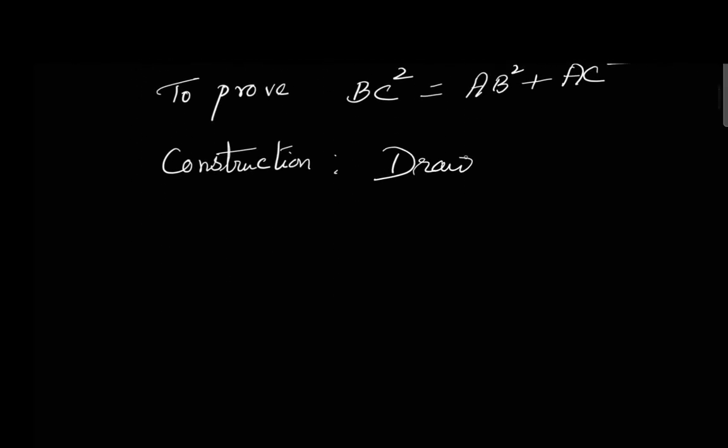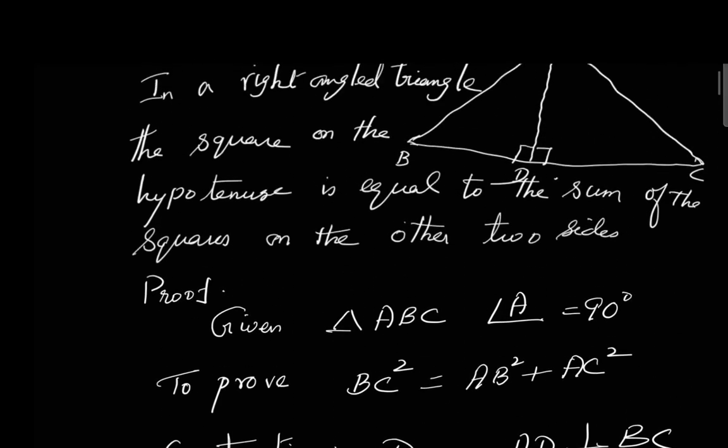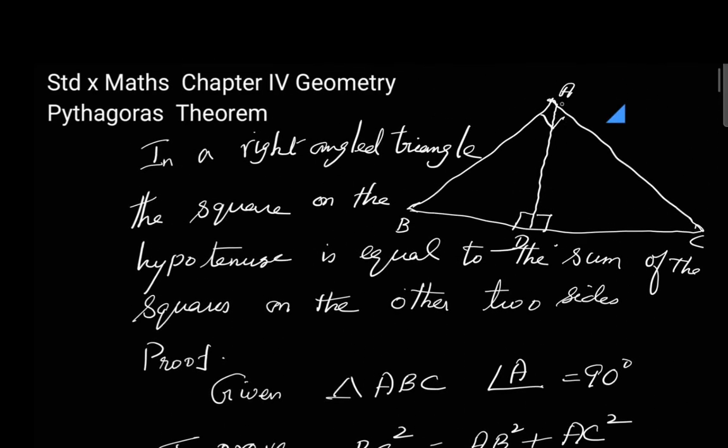So the bigger triangle, a right angle triangle, is divided into two smaller right angle triangles. Now we are going to compare the bigger triangle with the smaller two triangles. First, let me compare triangle ABC with the smaller one, ADB.